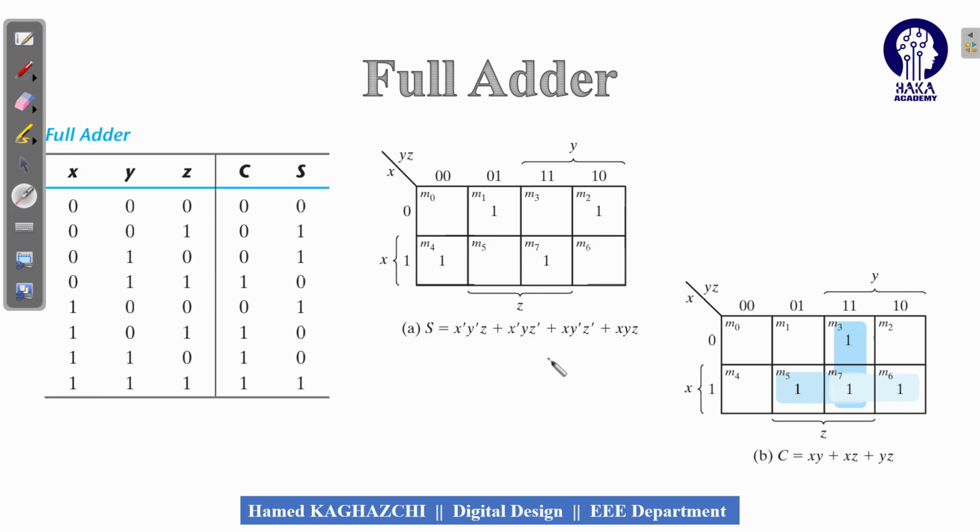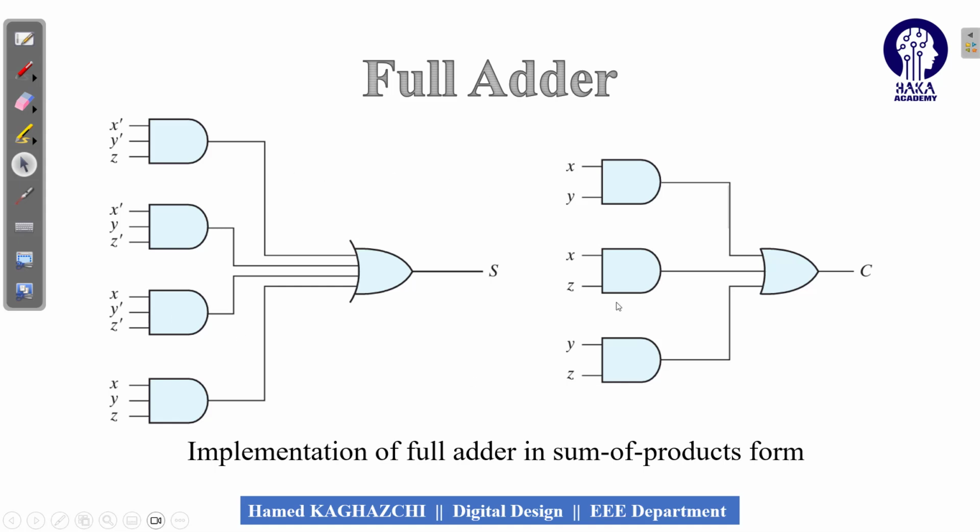Okay, so after finding the Boolean function, we can draw the corresponding digital circuit of C and S. We call this type of circuit a full adder. Why do we call it a full adder?